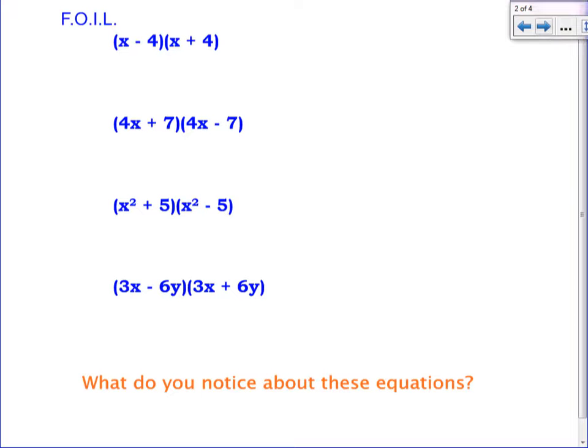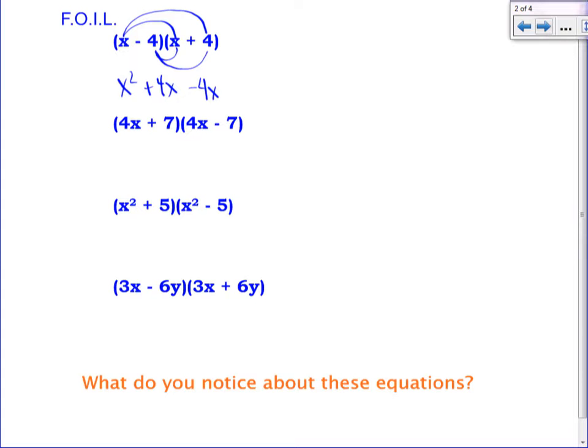So what that means is you're going to multiply the first terms, the outside terms, the inside terms, and then the last terms. So if I do that, the first two terms multiplied together, x times x is x squared. The outside terms is 4x. The inside term would be minus 4x.